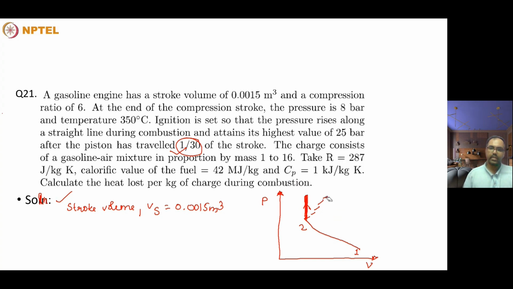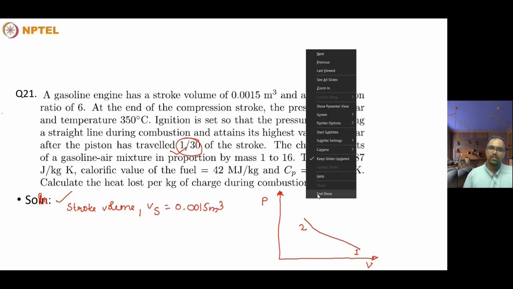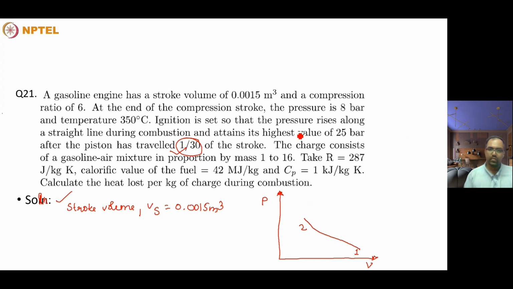So let me draw it a bit more clearly. The actual case will be like this, but in this particular problem, it happens slightly away.